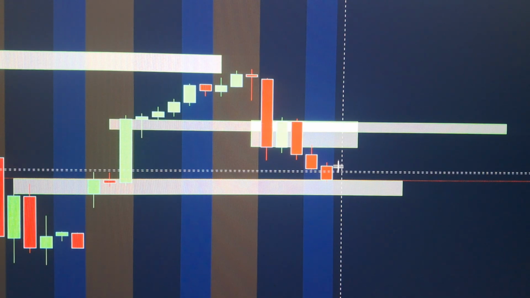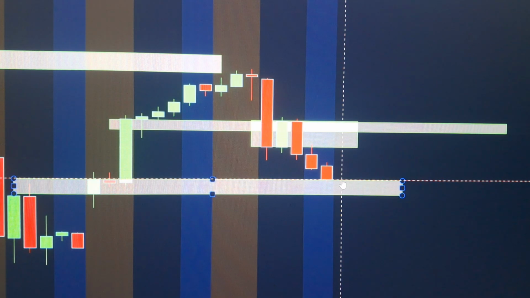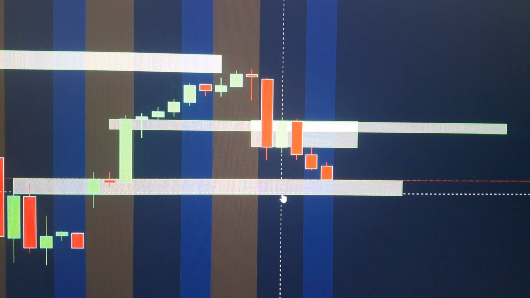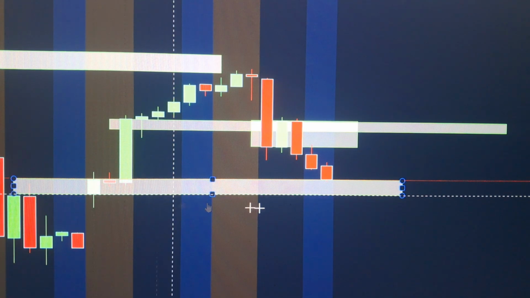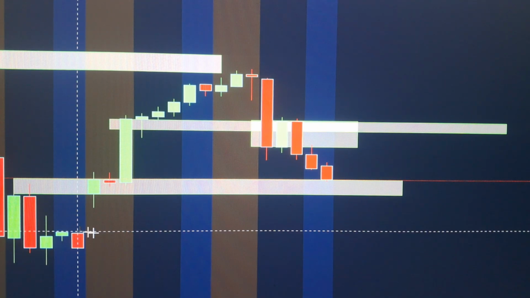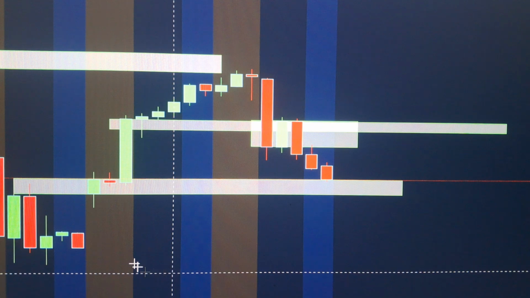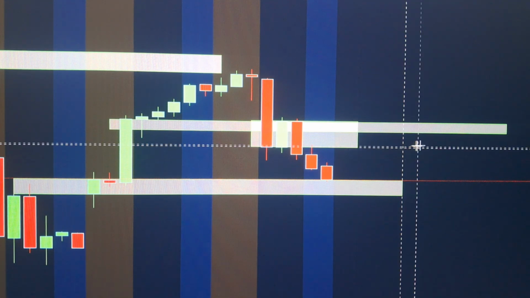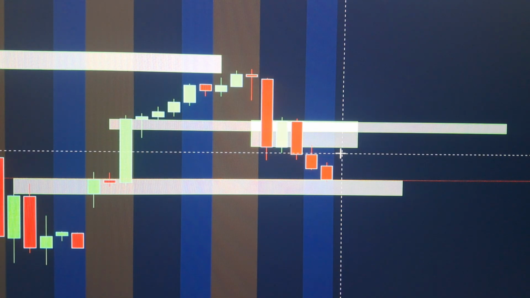If it opens above 558.16, or maybe even comes down to 556.83, these are another couple levels here. Let's see what happens tomorrow. We'll know whether to get out or not in the morning time.